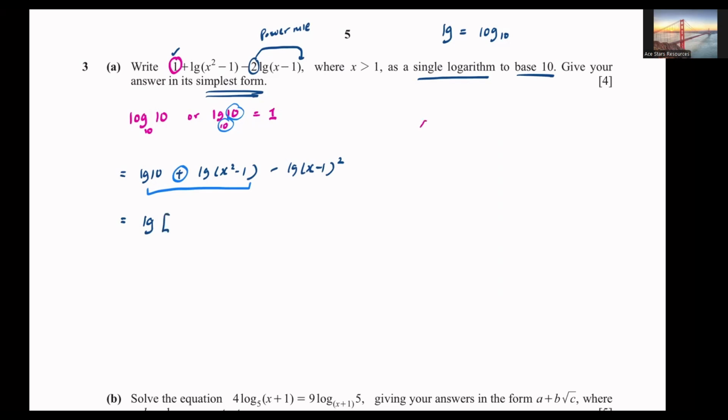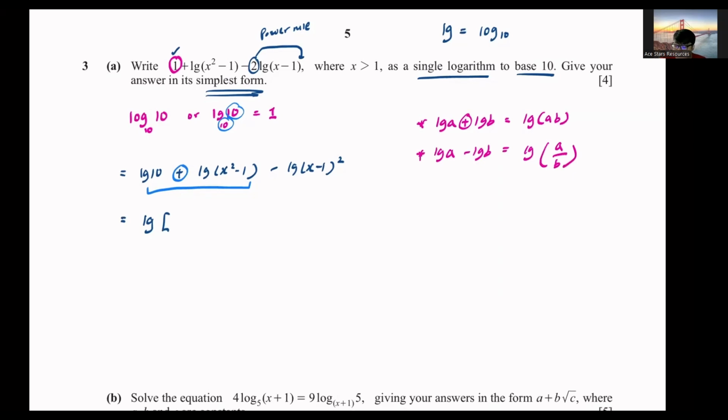In case you don't know about this, lg A plus lg B, in order to combine them, logarithm is special, so you always have to follow the rules. lg A plus lg B gives you lg AB, and lg A minus lg B will be A divided by B, so A over B. So we have to follow these conditions in order to combine our logarithms.